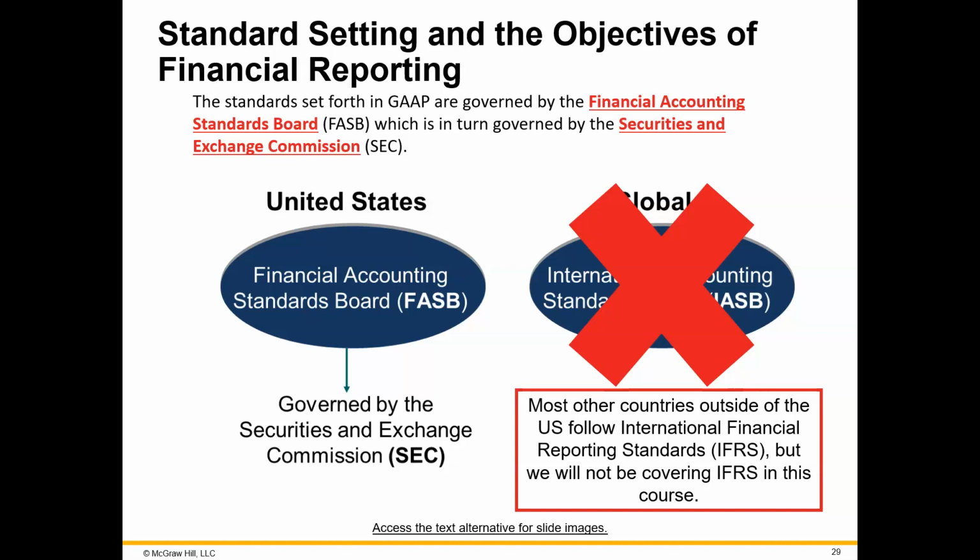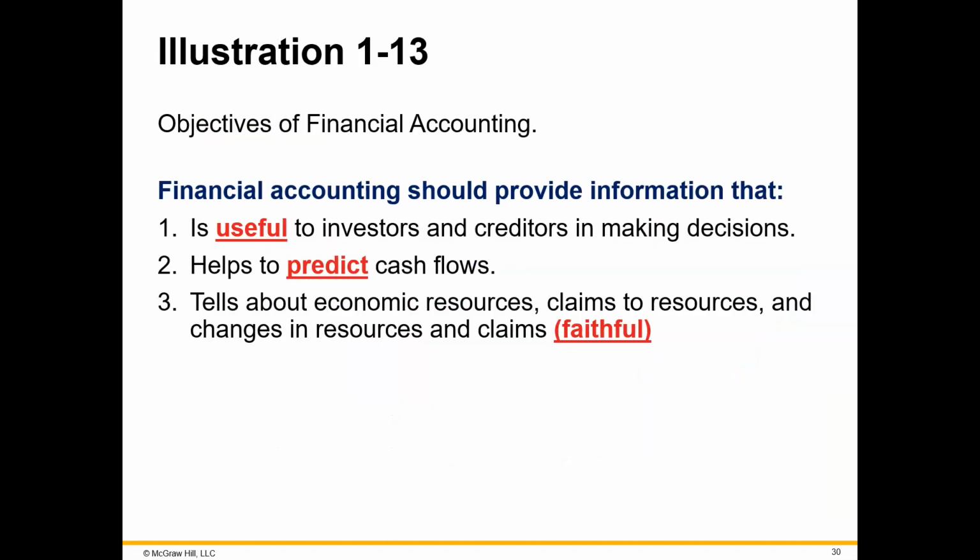There were some issues that the United States felt like we could not bend on, some things that IFRS does that GAAP does not like to do, and so just last year, or the year before, it was finally decided that, hey, we're not going to deal with IFRS anymore. They can have their own thing. We're going to have our own thing, and we're just going to move forward.